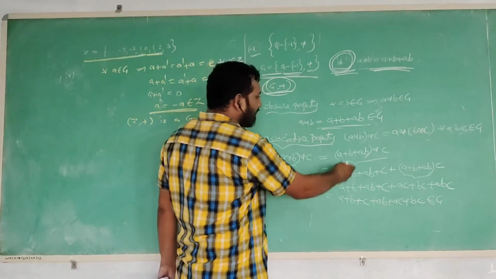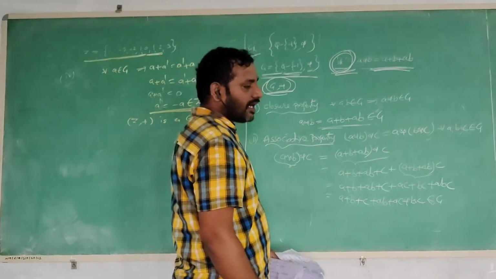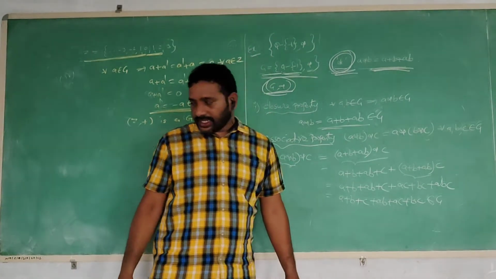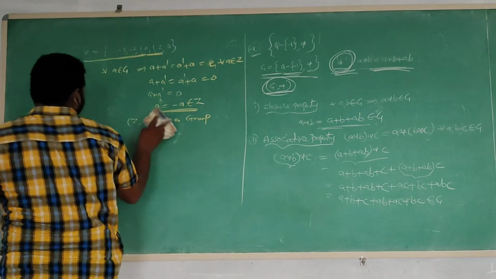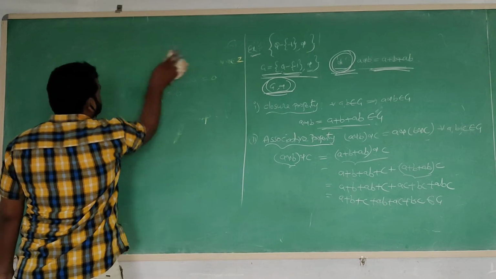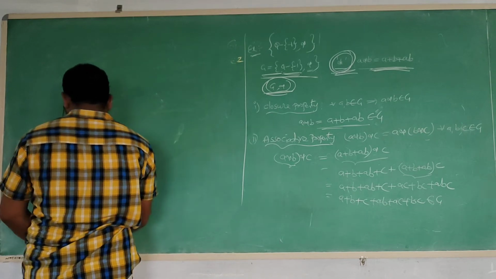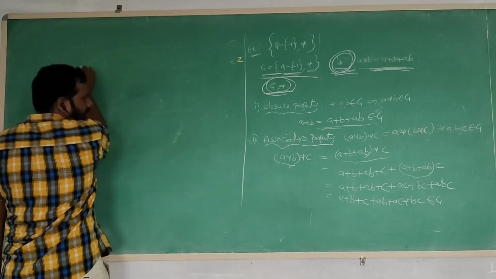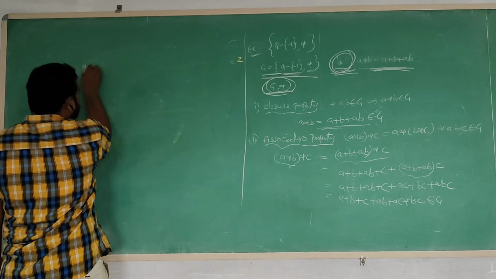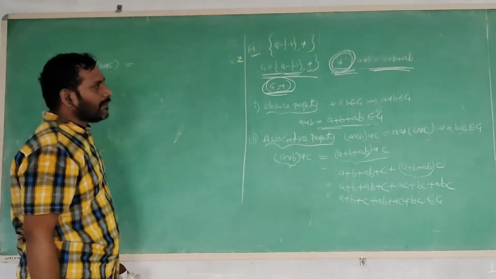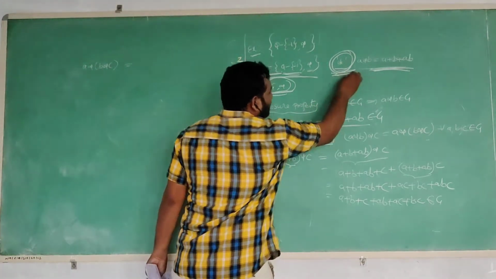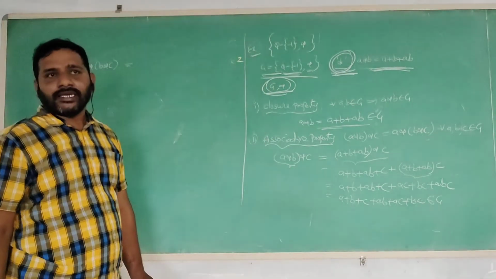Now I am taking the RHS, a star of (b star c). Observe this here. The operation is defined by a star b equals a plus b plus ab.